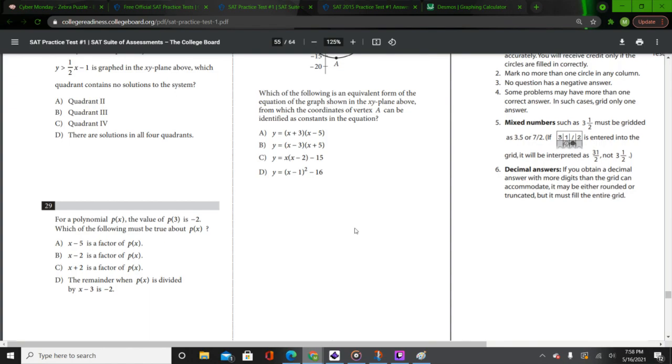The remainder when p of x is divided by x minus 3 is -2. This one's actually really tough, I feel. I'm not even sure where to exactly start tackling this. So a factor means we can just take that out. So it's some value of an equation such like x cubed plus 4x squared plus blah, blah, blah.